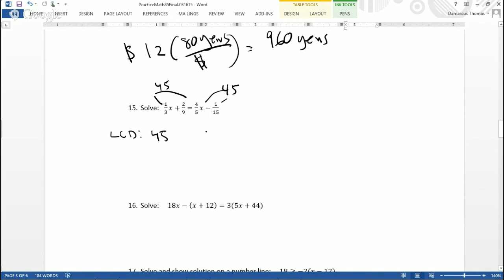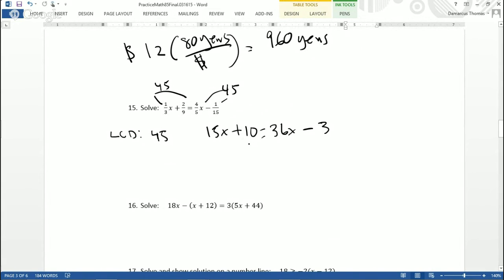45 divided by a third is 15x, plus 45 times 2x, we get 10. 45 divided by 4/5 times 45 will give us 9 times 5 is 36x. And then finally, 15 divided by 45 is 3.